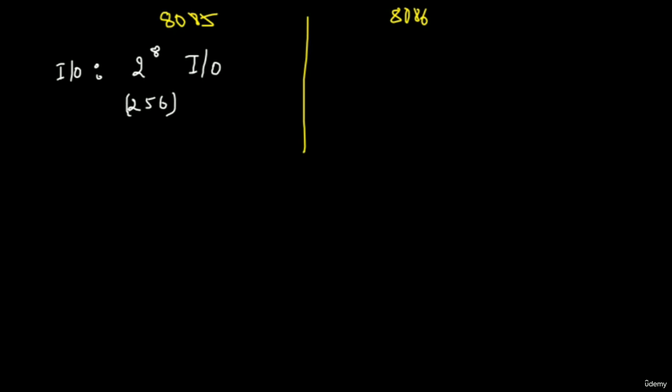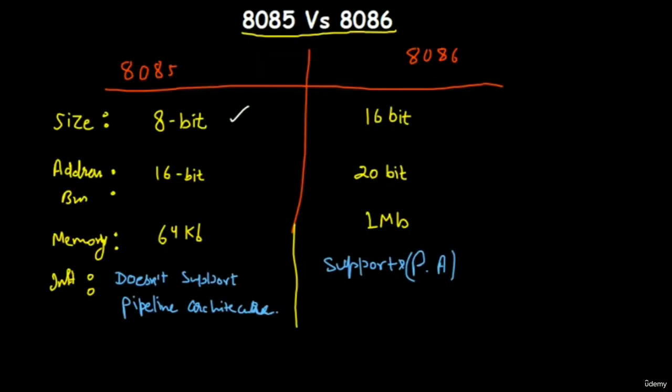And 8086 can access 2 to the power 16 input output in one instruction cycle. One instruction cycle means when you just hit once, in one operation 8086 can perform 16 bits of operation, and 8085 can do 8 bits of operation. This is what we have already discussed.